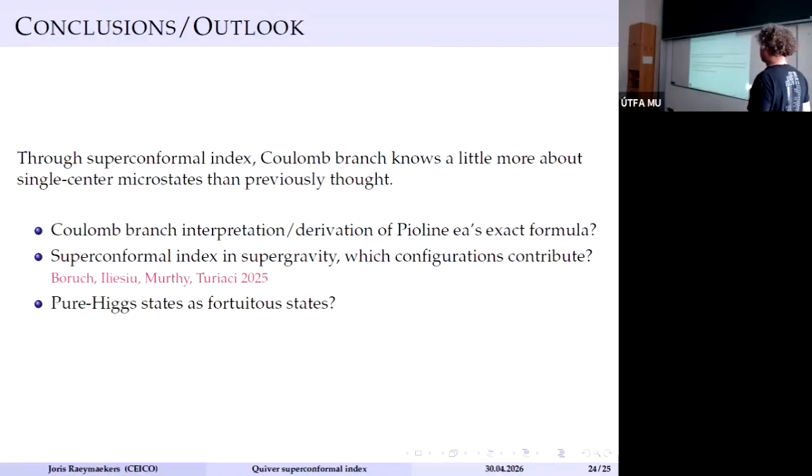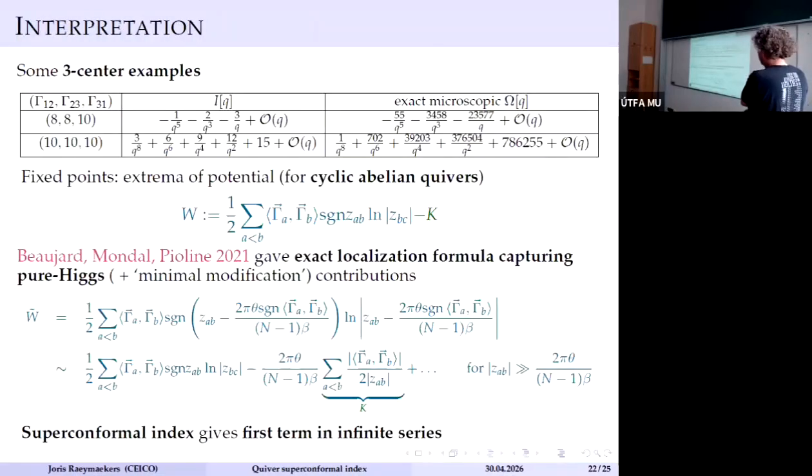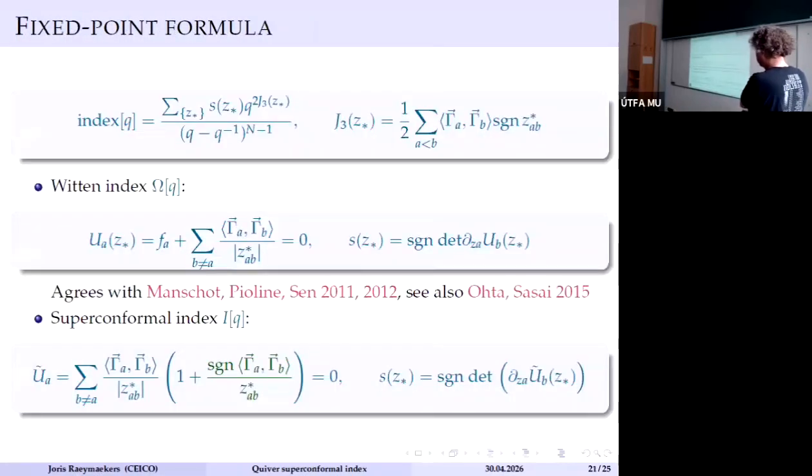Another interesting question is what the superconformal index would look like if you try to compute it in supergravity. People have made a lot of progress, for example these authors, on computing indices in supergravity and finding specific configurations which contribute to it. So it would be interesting to see if these equations we got here, which are a bit like modified Denef equations, come from some supergravity analysis or some modified version of them.